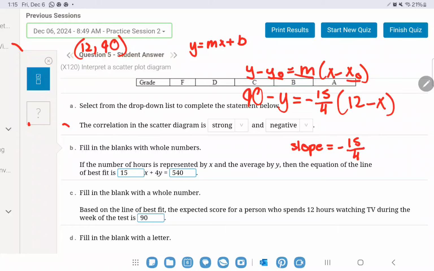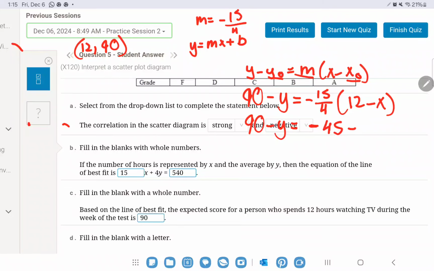I'm gonna rewrite the slope up there. So negative 15 over 4. Now what you do is you keep this and you distribute the negative 15 over 4. So negative 15 over 4 times 12 is negative 45, minus, or well, minus times minus makes plus, so plus 15 over 4 x.